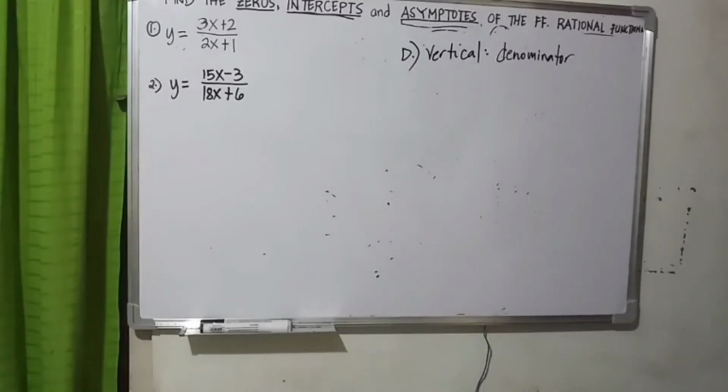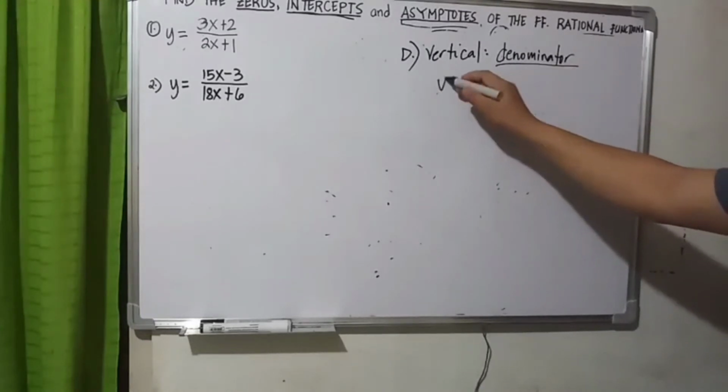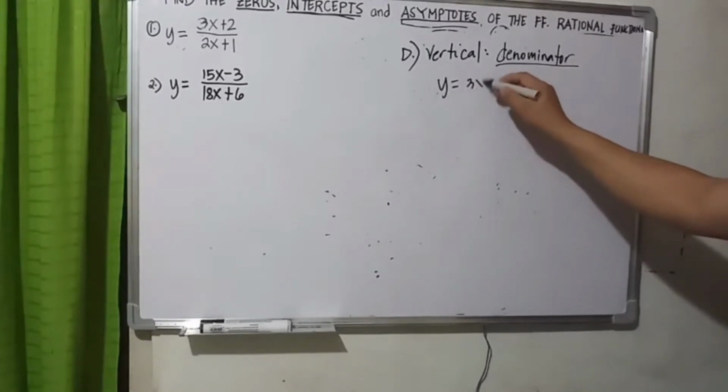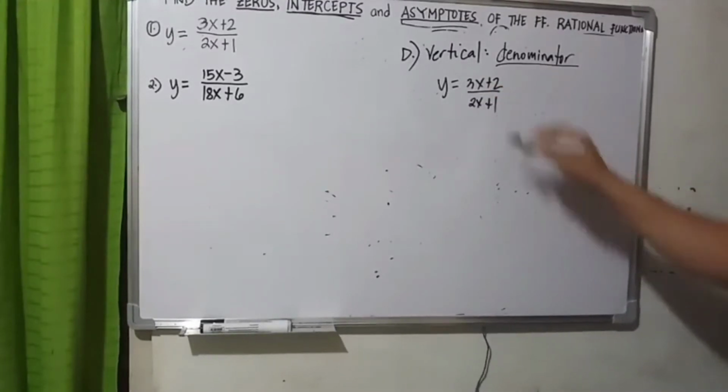Okay, vertical asymptotes. Pag vertical asymptotes naman, naka-base tayo sa saan? Naka-base tayo sa denominator. Tandaan yan ha. So ang given is y equals 3x plus 2 over 2x plus 1.